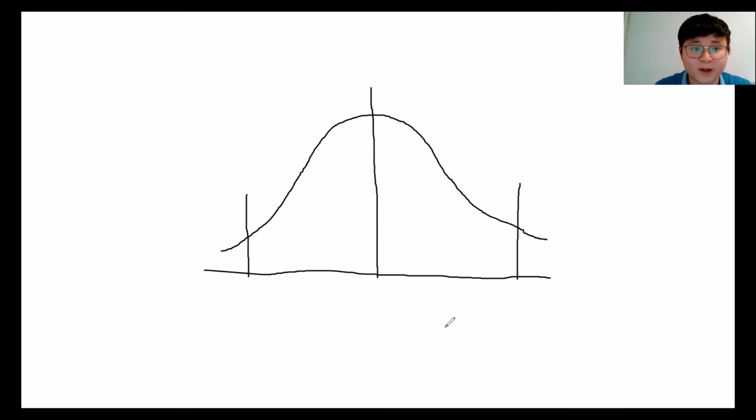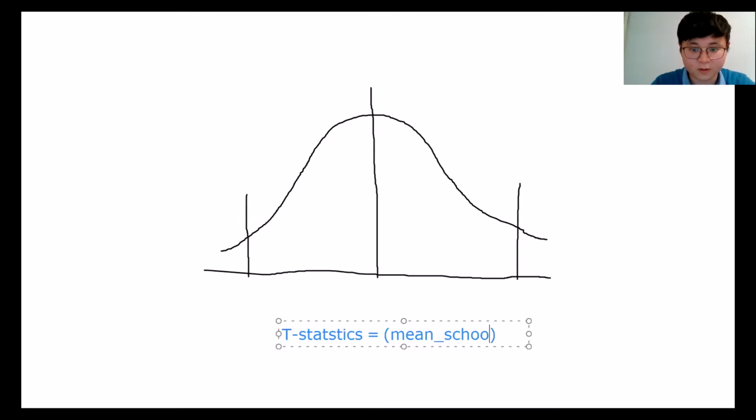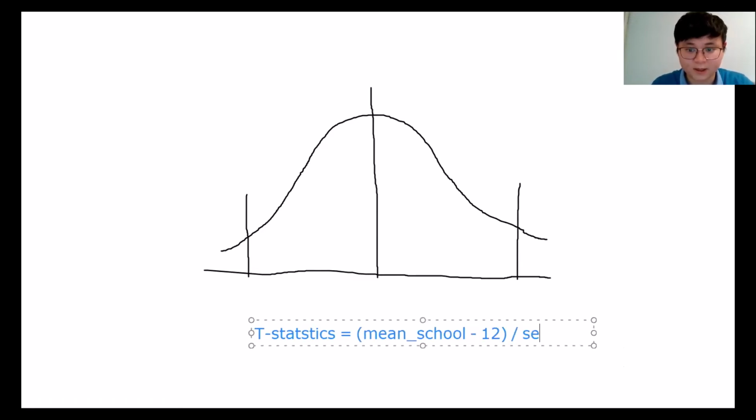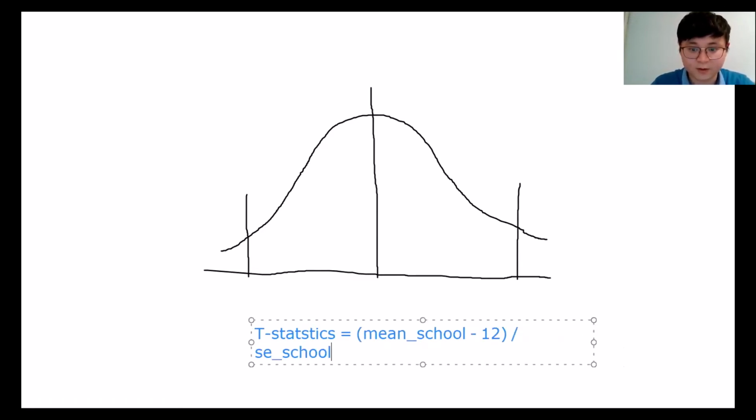The way that we calculate the t statistics is that we use the mean score minus 12 and then divide it by the standard error of schooling.